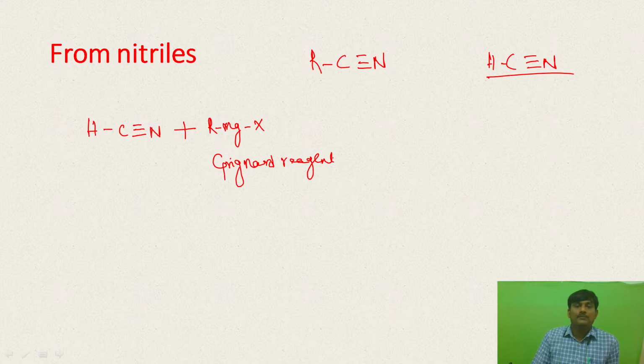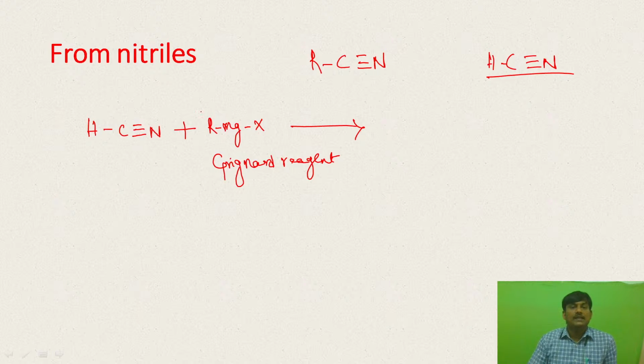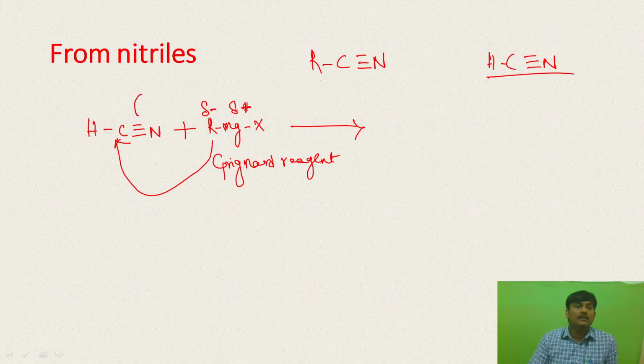If you take equal equivalents of hydrogen cyanide and alkyl magnesium halide, there is a nucleophilic addition. This one is the nucleophile, and this one has a positive charge. The nucleophile attacks the carbon here, and the lone pair of electrons attacks the MgX.